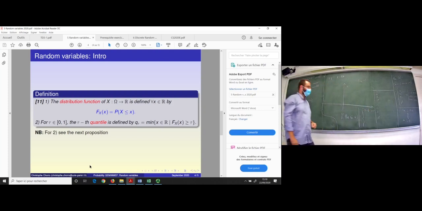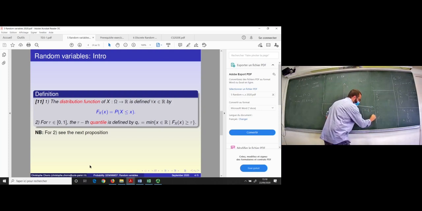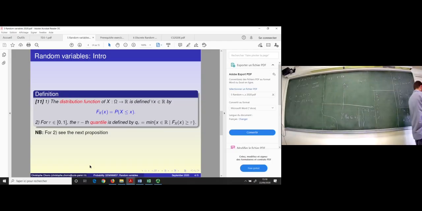Second case, what happens if x is positive or equal to 0 and strictly less than 1? When my indicator function is positive in the large sense and strictly less than 1, it takes values in 0 or 1.